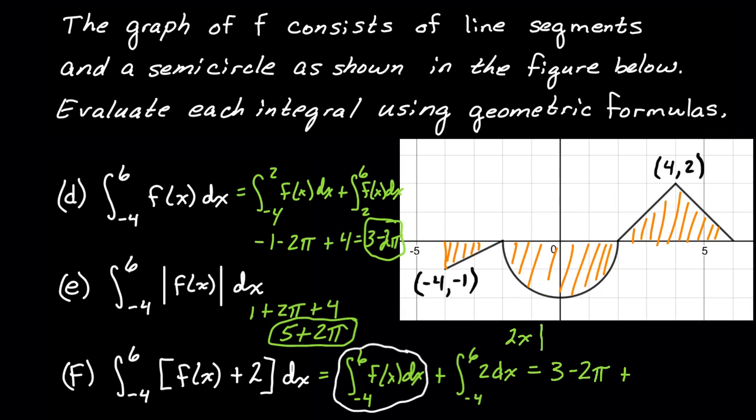And then we need to evaluate that between -4 and 6. And so 2 times 6 would be 12 minus 2 times -4 is -8, giving us a total of 20. So we are not adding 2 to this value, we are adding 20. So the integral would be 23 minus 2 pi.